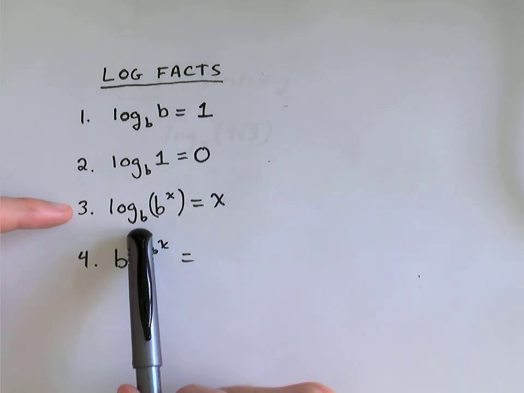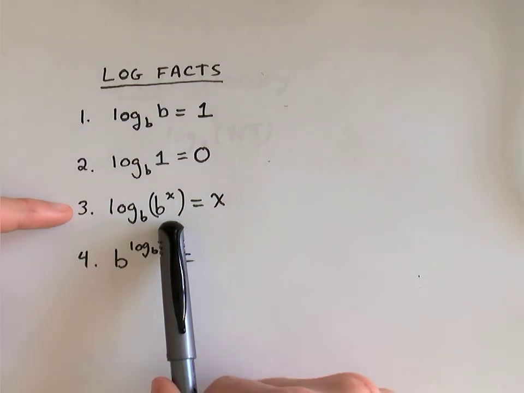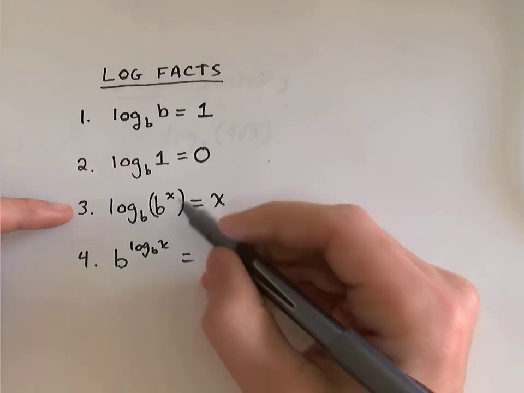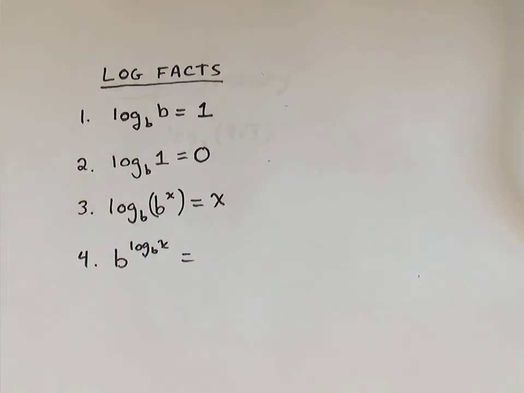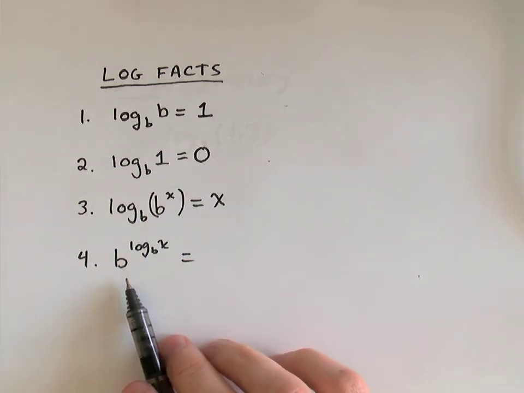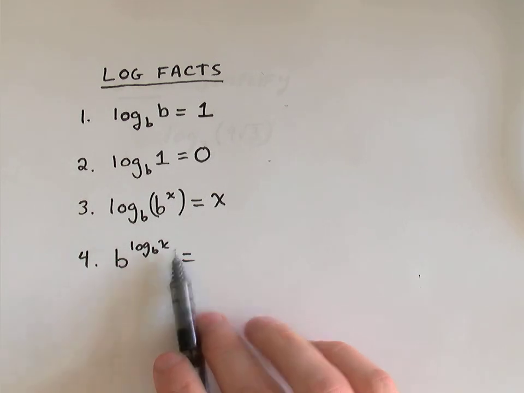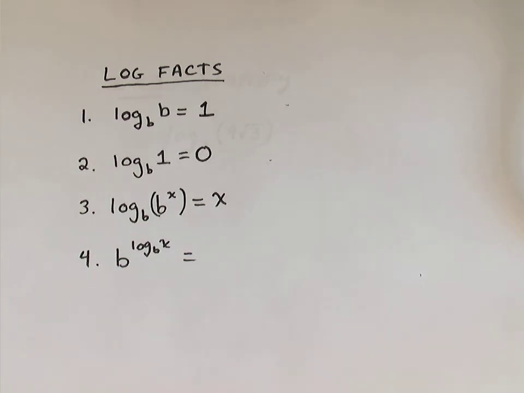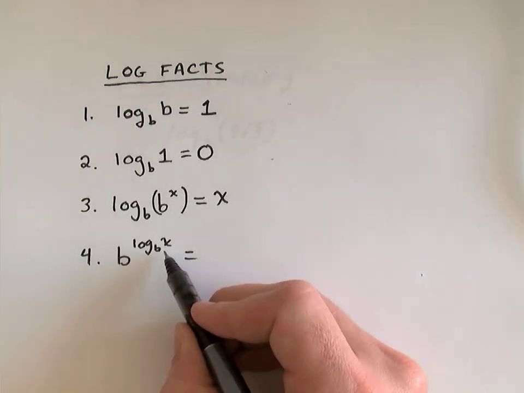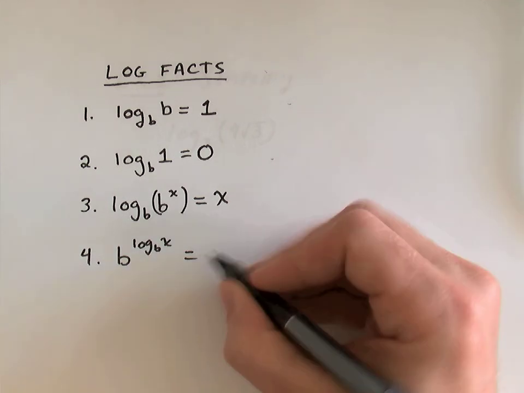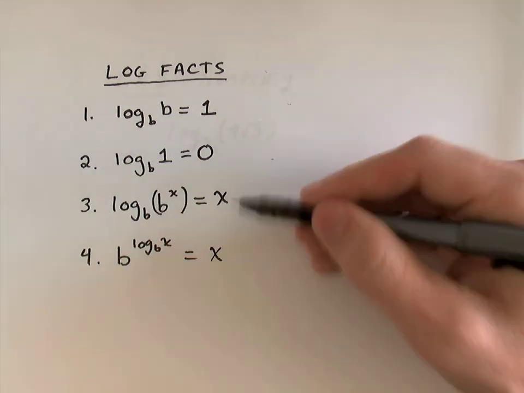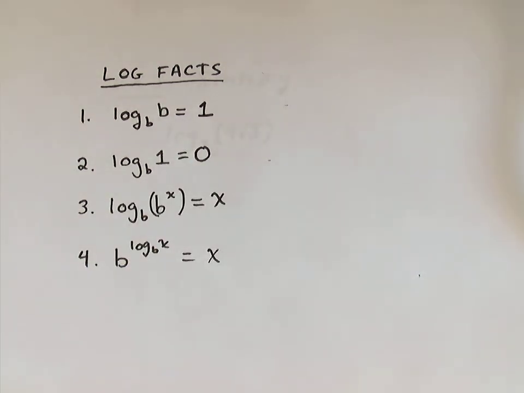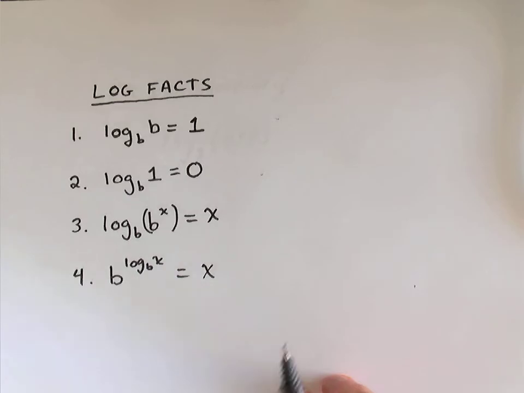Here we have a log base b and an exponential base b, and when they work together, well, the exponent x was all that remained. We do the same thing here, an exponential b to a power mixed together, I guess I should say composed, with a logarithm base b, what's going to be left is just x. So these two are a consequence of logs and exponentials being inverse operations.